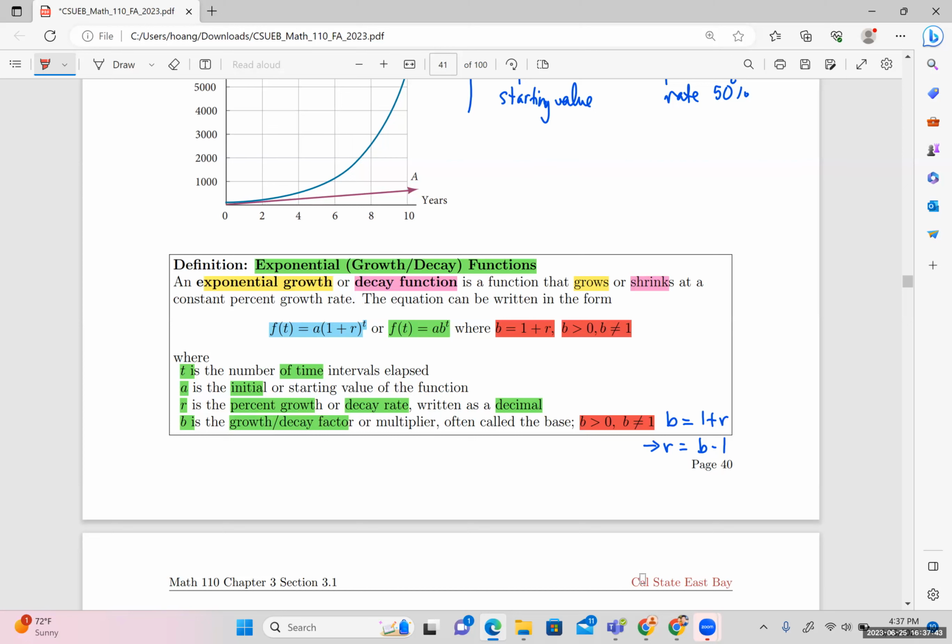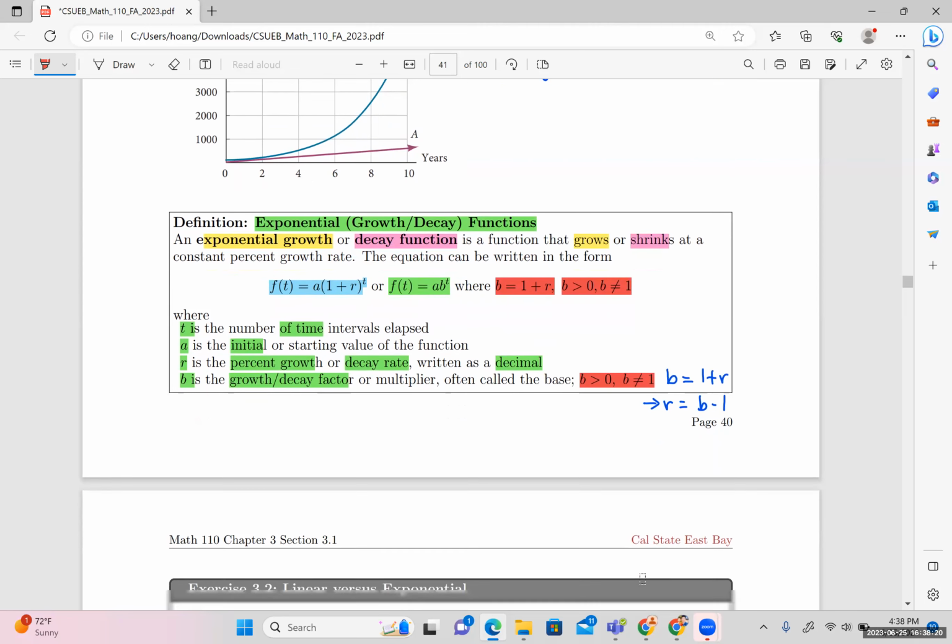So that's going to make a constant 0 for the function, and that becomes linear. If B is less than 0, it's not a function anymore, so we will not talk about that case. And if B equal to 1, that also will make a linear, since 1 raised to anything is equal to 1. So all right, now let's move on.